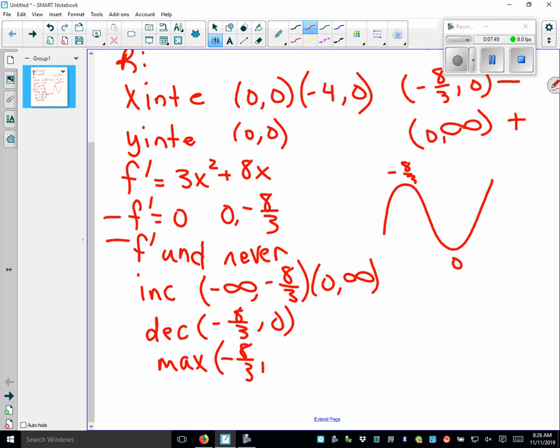Point is always the original. What about concavity? We're going to get there, with the second derivative. When x is at negative 8/3, what is y? 256/27.